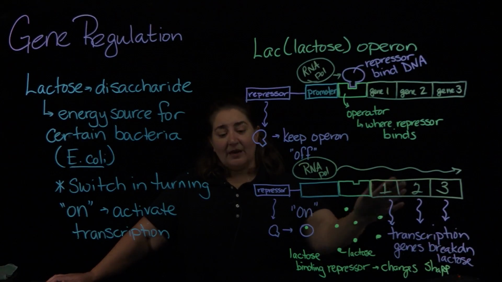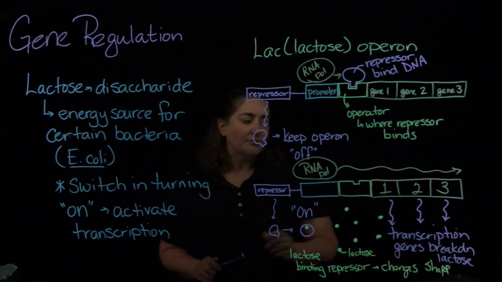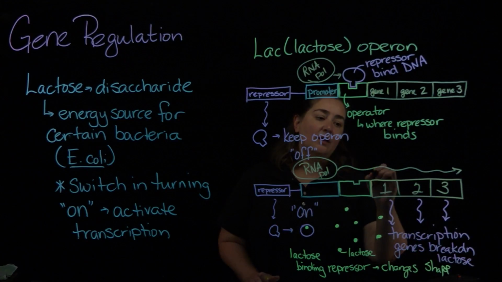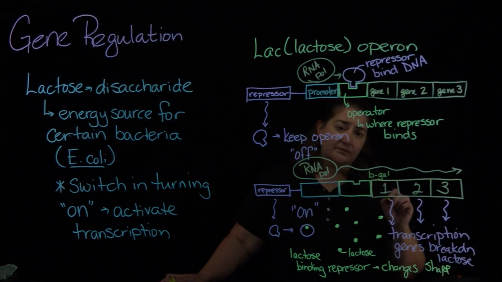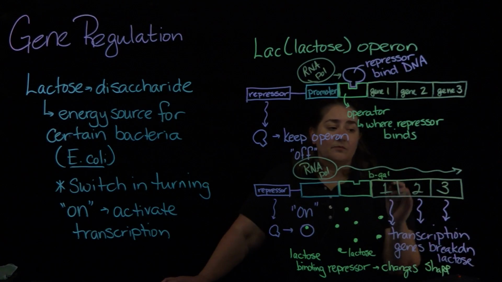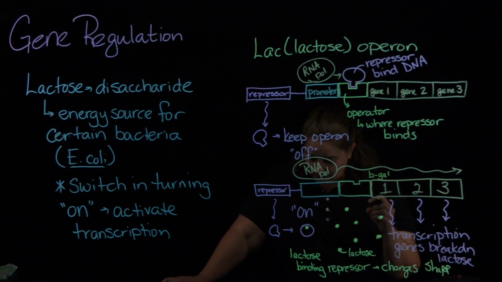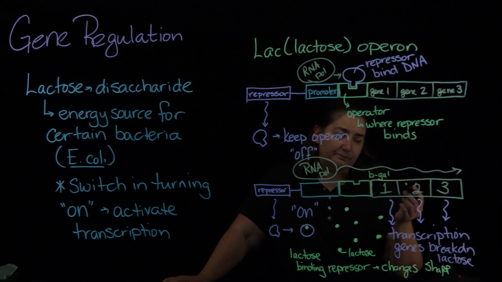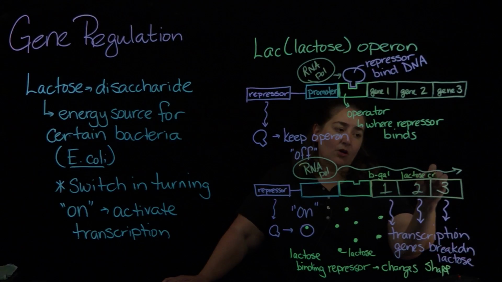The genes that are made here, you're going to have a beta-galactosidase that's made. That's going to be the enzyme that's involved in breaking down the lactose. You're going to have also made, associated with lactose, genes that allow lactose to cross the cell wall.